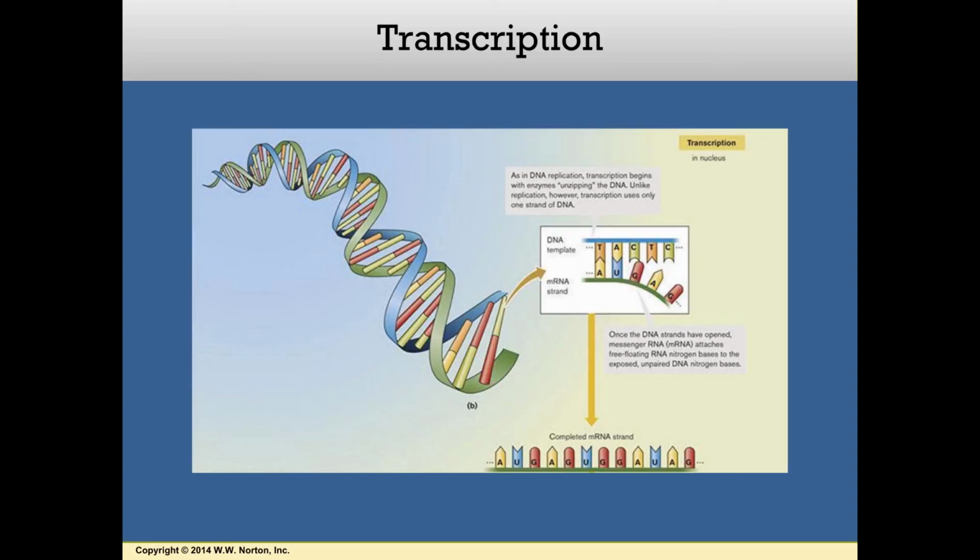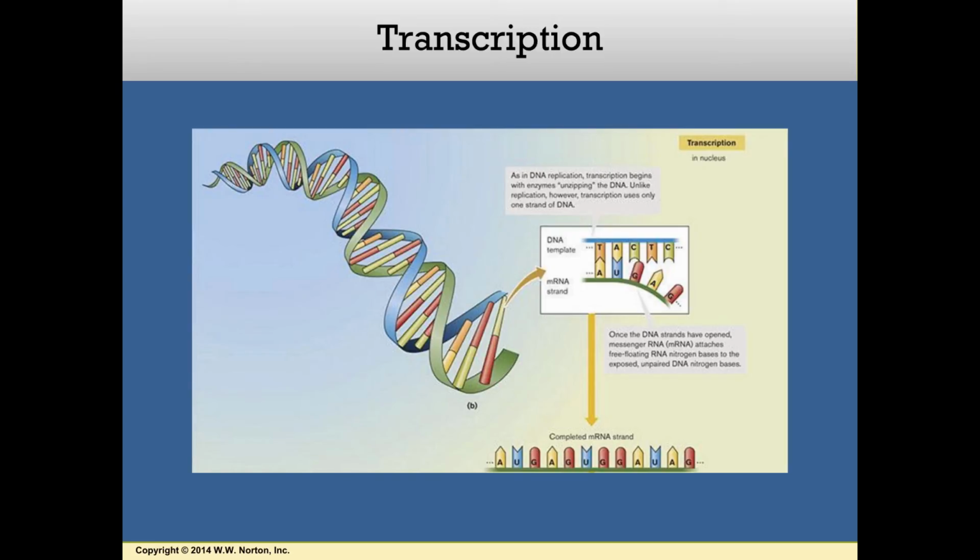RNA is very similar to DNA, but instead of using A, G, C, and T as base pairs, RNA uses A, G, C, and U. U stands for uracil, and it binds to adenine, A, just like thymine, T, does in DNA.